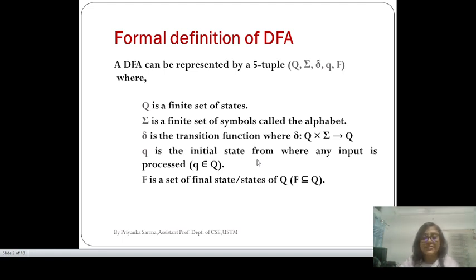Delta is a transition function that maps Q cross sigma into capital Q. Q0 is the initial state from where any input is processed, and q0 is also a subset of capital Q. Capital F is a set of final states, and capital F is also a subset of capital Q. So this is the formal definition of DFA.